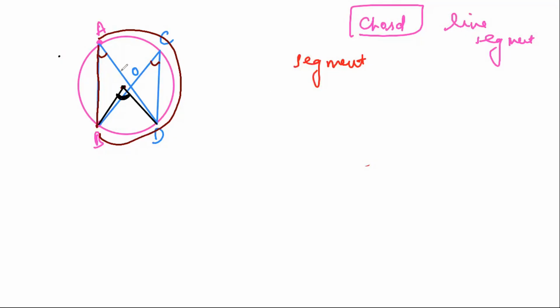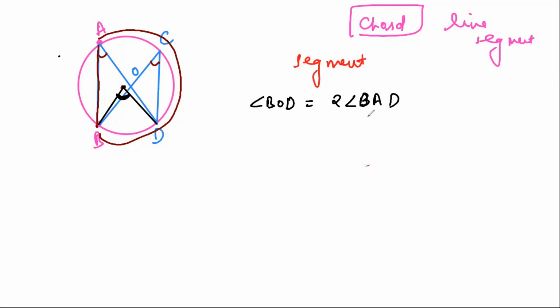Okay, angle BOD. Now, to prove this theorem, we should remember the previous theorem we have already discussed: whatever angle is made at the center by the arc, so angle BOD is double the angle BAD.